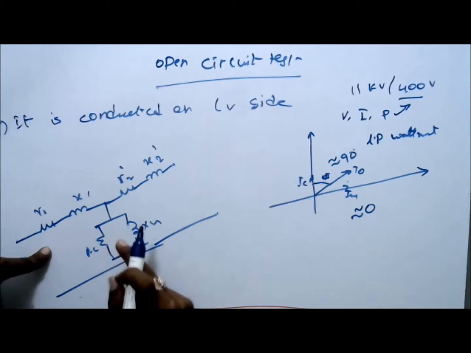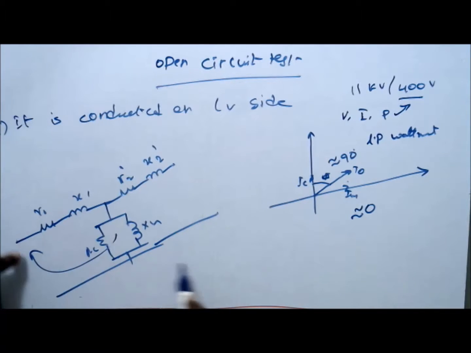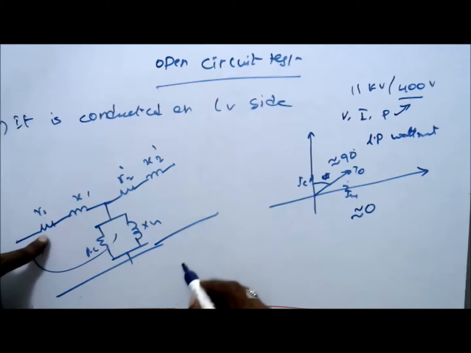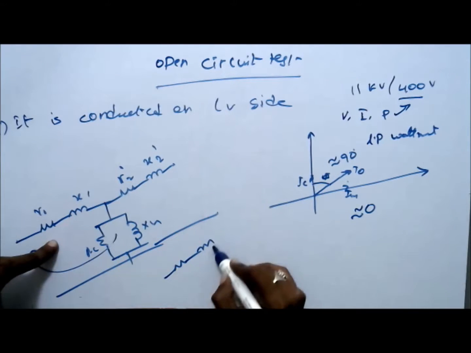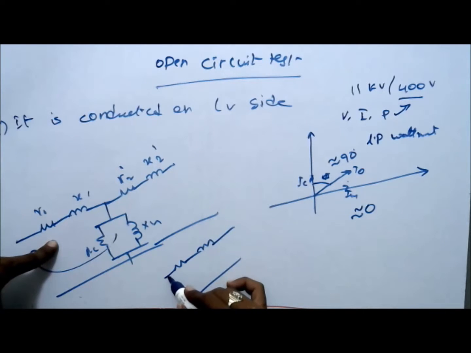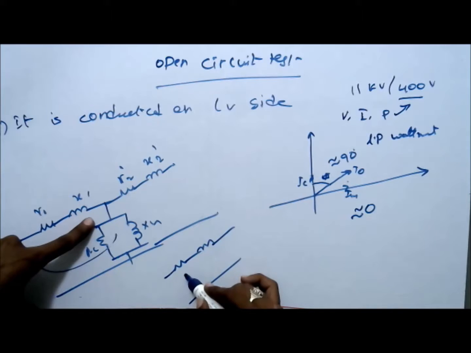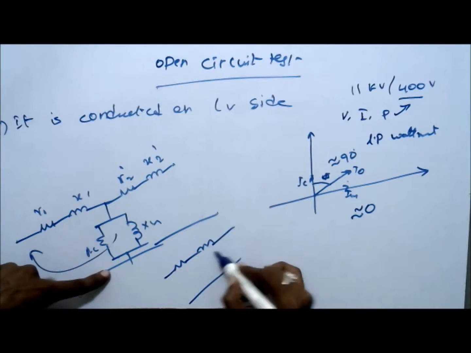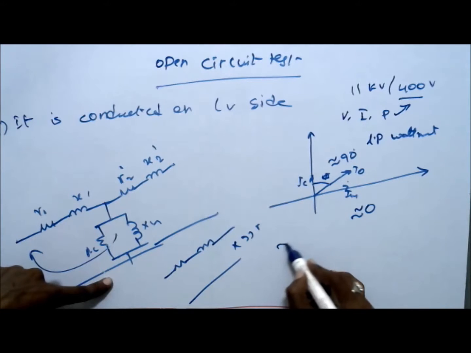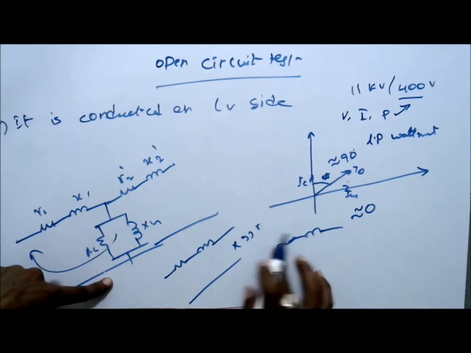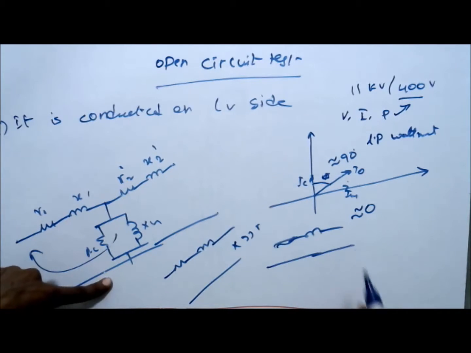If you shift this to the source side, then you will get this equivalent circuit. Since the source side is constant voltage, you can neglect this branch, and here X is much greater than R, so you can simplify this circuit to a simple reactance circuit.